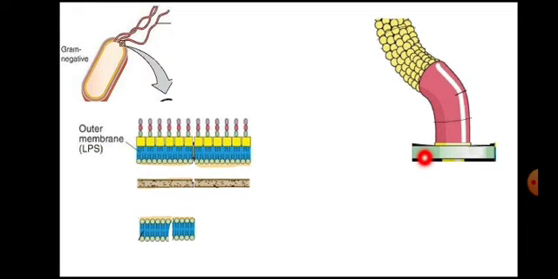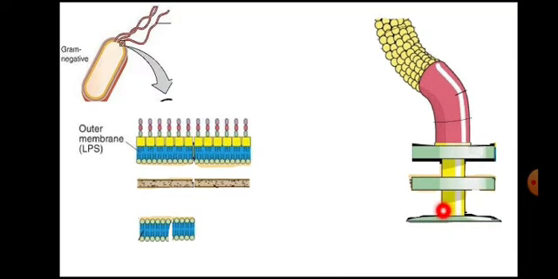So the location of this ring is here. Then, as I said, it consists of a central rod and these rings are arranged around this central rod. The second ring is present or embedded within this peptidoglycan layer, and therefore this ring is called the P ring.